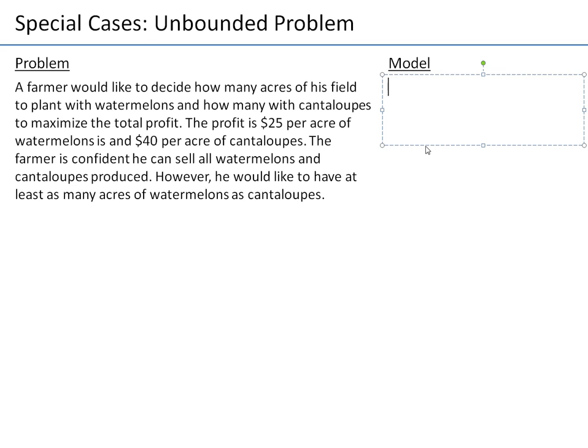So how do we write this model? We need to decide the number of acres of watermelons and the number of acres of cantaloupes, which can be expressed by variable x1, the number of acres of watermelons. Now some of you might be tempted to just say number of watermelons. What would this say?